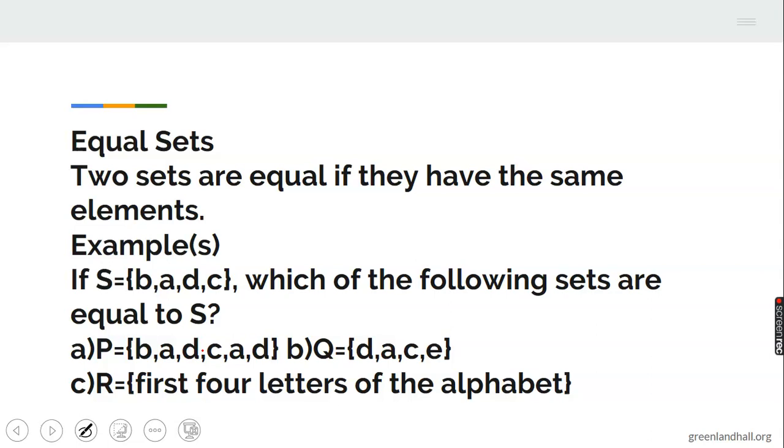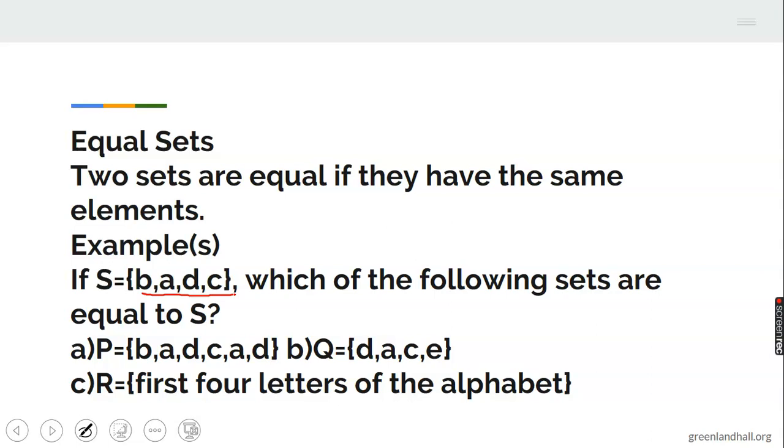Now, example. S is given as this set: B, A, D, C. If S is that, which of the following sets are equal to S?